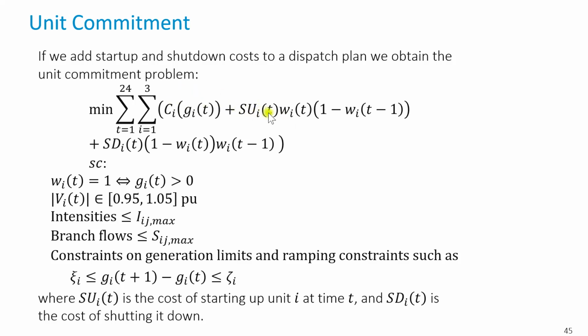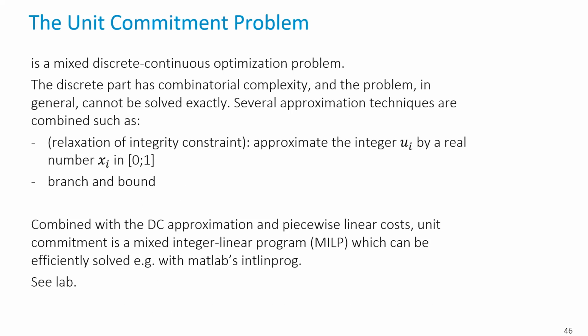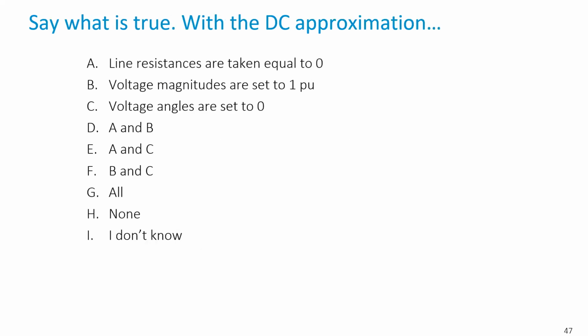Having integer constraints with a true OPF problem probably in most cases breaks all complexity. So even there, we're happy to have the DC approximation. Voilà. More on this is in the labs.